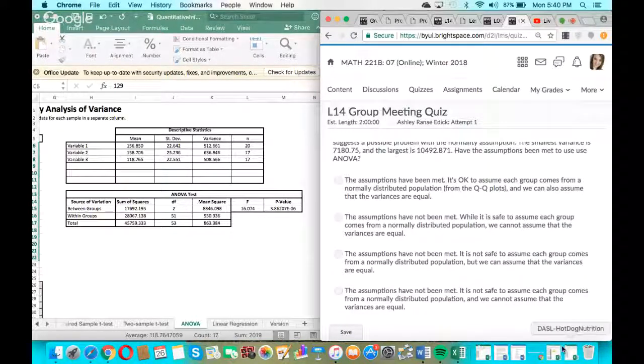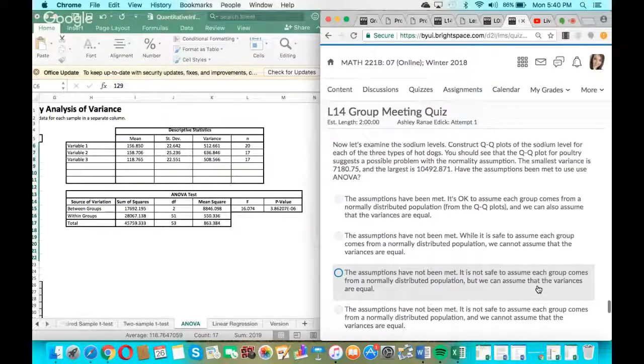Should I put them into the thing again? I don't know, because these word problems trick me. I know, because it's already telling you. It says construct QQ plots.